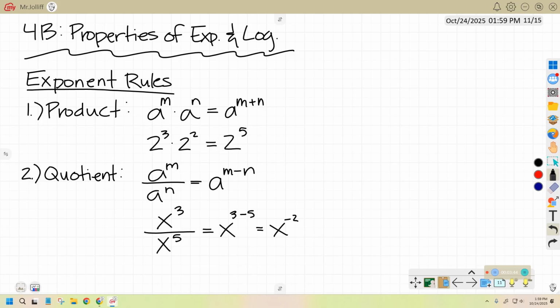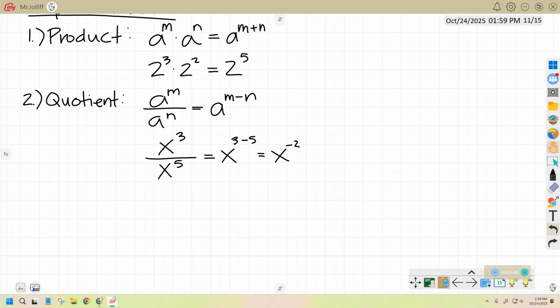Which brings us to our next rule. And our next rule is the negative exponent rule. So if I have a to a negative exponent, I'm going to write in red here, I'm allowed to take any expression and turn it into a fraction by putting it over what? 1.